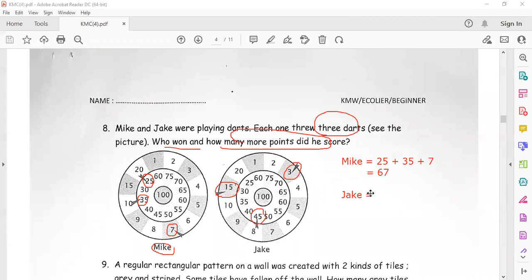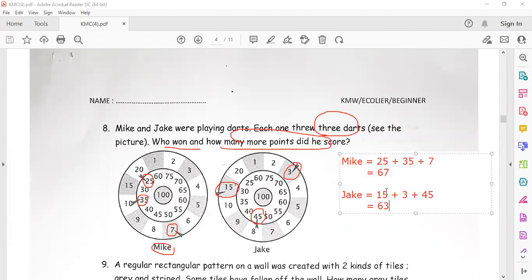So you calculate 15 plus 3 plus 45. If you know some mental maths, 15 and 45 give us 60. 60 plus 3 is 63.